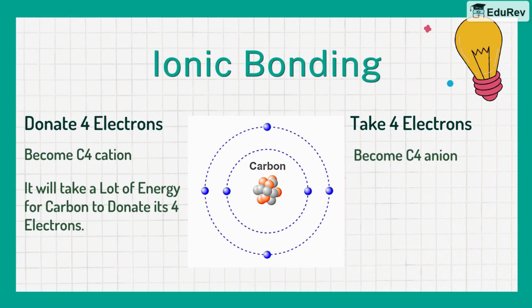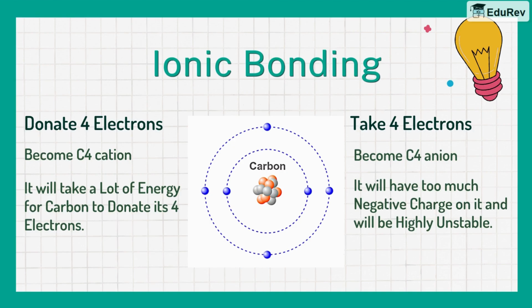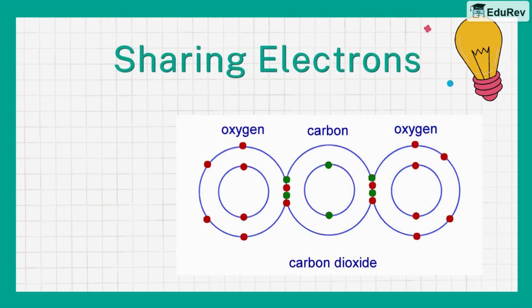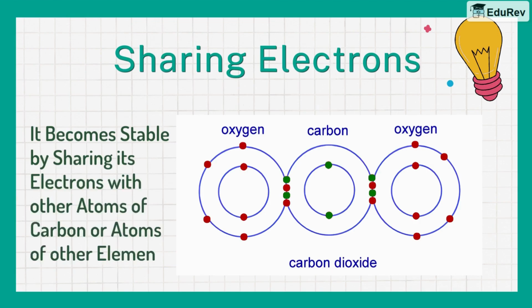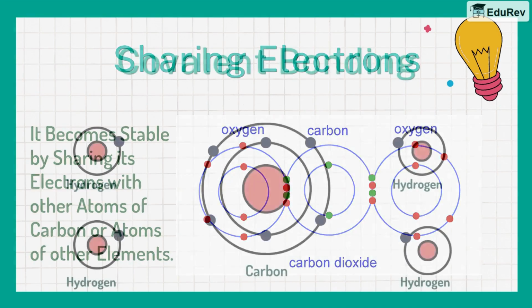So, you might think, okay, then it can take 4 electrons. Well, no, because then it will have too much negative charge on it and will be highly unstable. Well, carbon found the solution to this problem. It becomes stable by sharing its electrons with other atoms of carbon or atoms of other elements. So, sharing is caring, even at the atomic level.